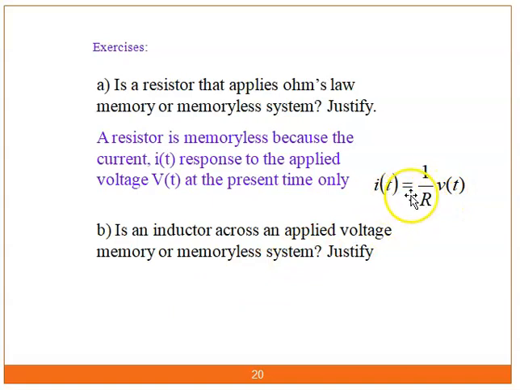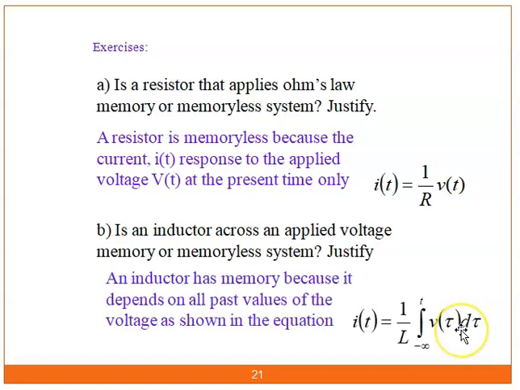So the equation clearly shows that this is a memoryless system. Next, if you have an inductor across an applied voltage, is it a memory or a memoryless system? This one is a memory system because it depends on all the past values of the voltage, as shown in the equation.